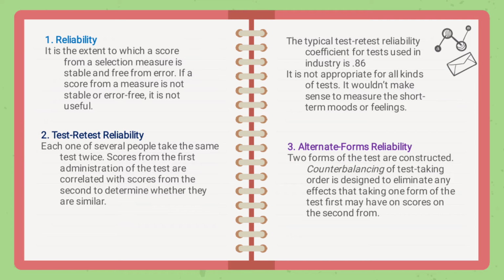If two forms are administered 3 weeks apart and a low correlation results, the cause of the low reliability is difficult to determine. That is, the test could lack either form stability or temporal stability. Thus, to determine the cause of unreliability, the interval needs to be short, so that we can better know the reliability of the test.